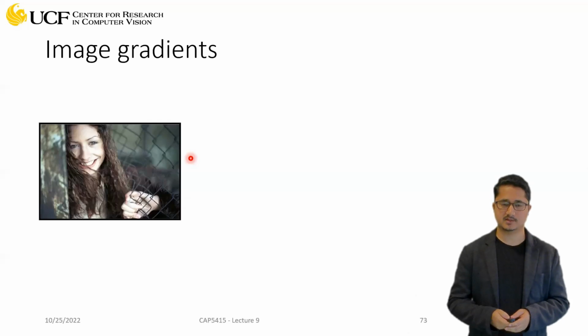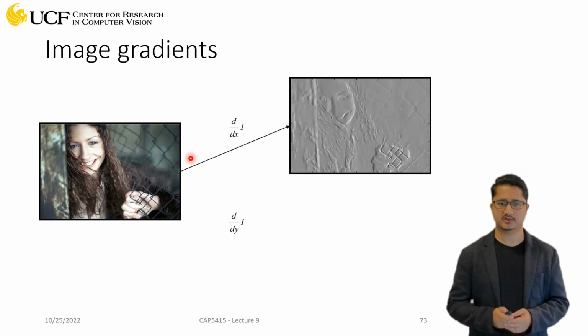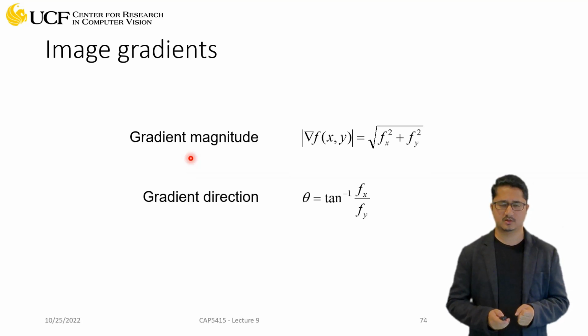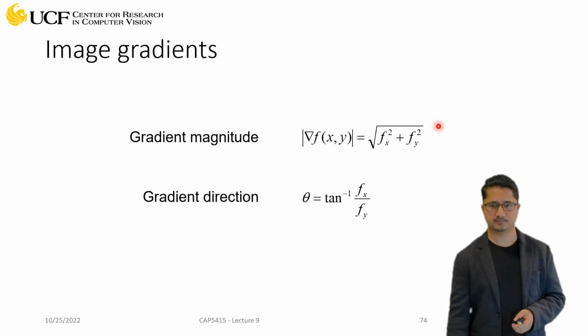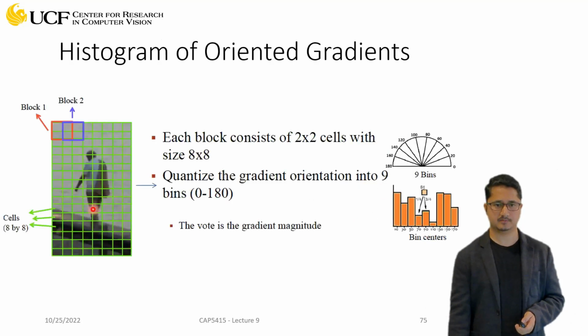So first step is usually you have an image, you compute gradients, that's in X direction, that's in Y direction. Then you compute the magnitude, you compute the direction. We already know how to compute magnitude, right? And the gradient. Now for each pixel location, you have the magnitude and the gradient.